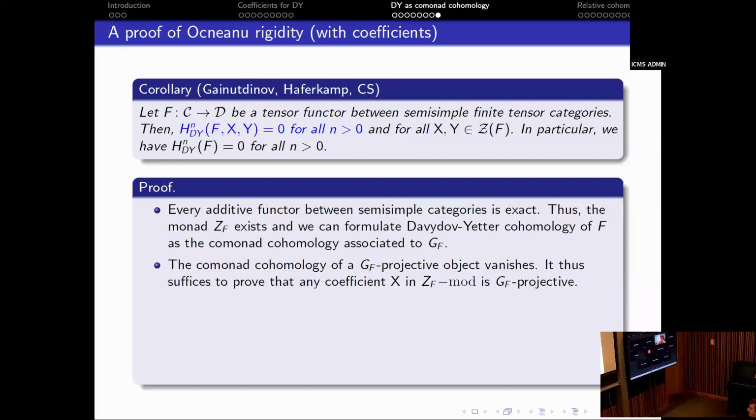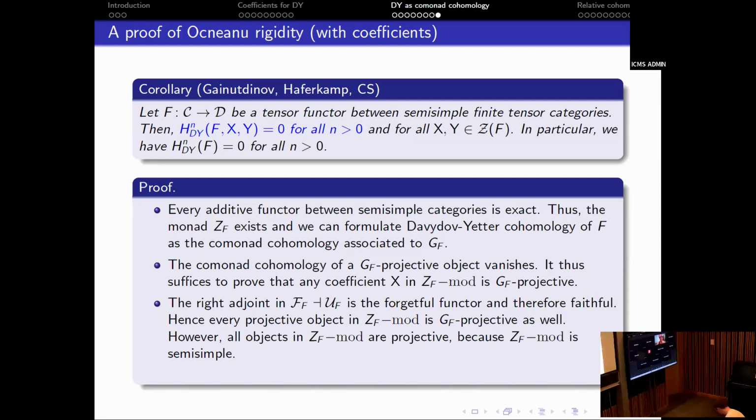Then the comonad cohomology has the property, which is again a textbook argument, just slightly adapted, that if the coefficients are G-projective, then the comonad cohomology vanishes. So it just suffices to prove that all possible coefficients are projective. But we have shown that we have here a forgetful functor which is faithful, so the projectives and the G-projectives are the same. All objects are projective because the category is semi-simple, and we are done.